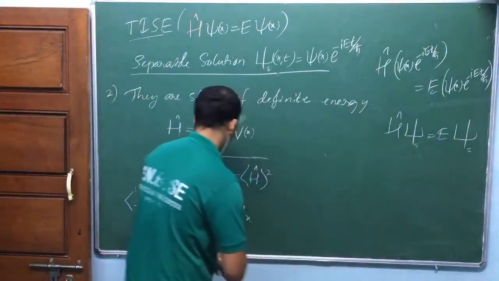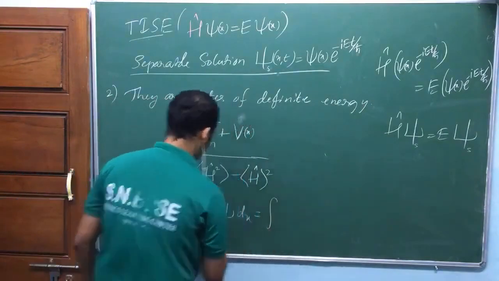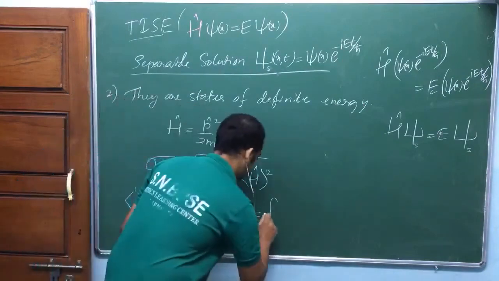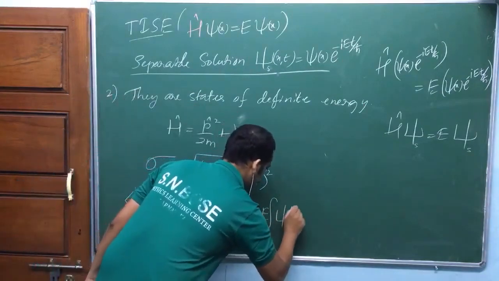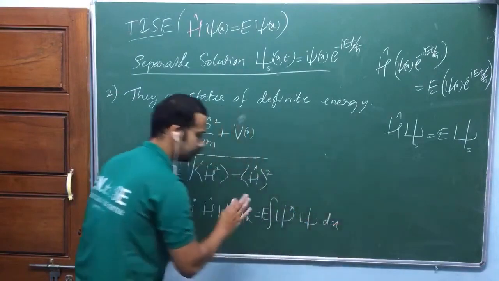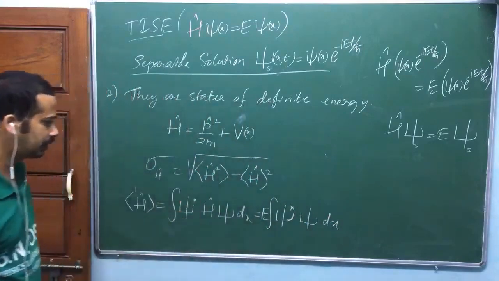E is a separation constant. H cap into psi, what can I write quickly? E into psi. That E can be taken outside as a scalar. E into psi star into psi. I'll take a normalizable function. We restrict ourselves to normalizable solutions, as only those have physical meaning.